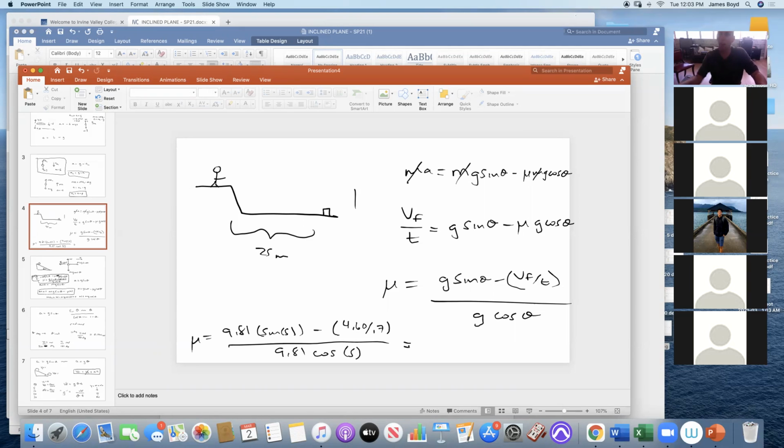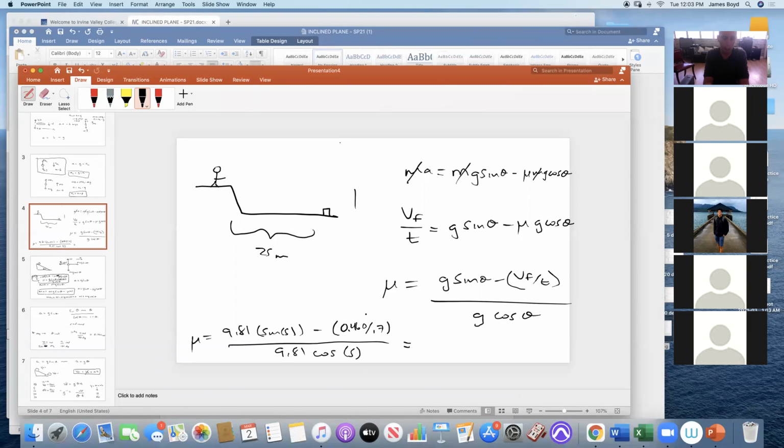One of my signs is wrong, so that comes over and this goes over. It shouldn't be negative. I think I forgot something stupid. Oh, yeah, thank you so much. I'm like, there's no way this thing should be negative. That makes no sense for a coefficient of friction to be negative. It's 0.460. Yeah, that makes a lot more sense.